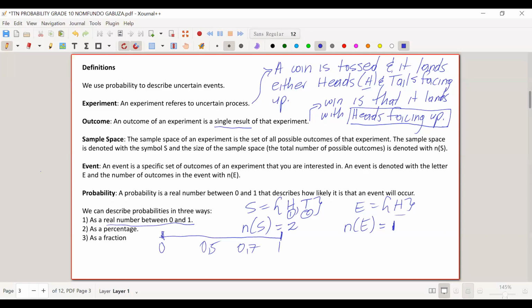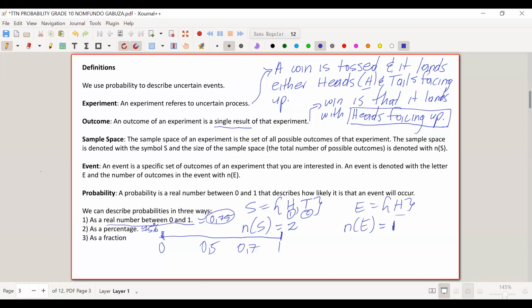Let's take 0.75 as our example. We can represent this 0.75 as a real number, and we can also represent it as a percentage, by multiplying by 100, which means this could be 75%.